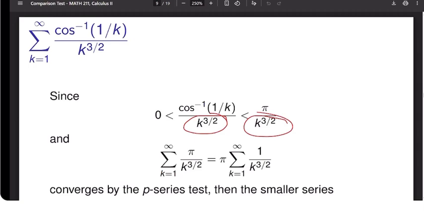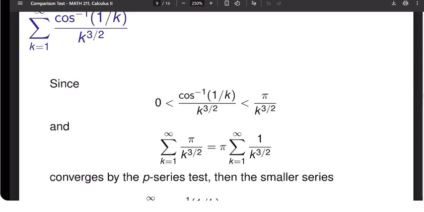Because this is a trig function, I can use pi. So pi divided by that, pi over k raised to power 3 over 2, is actually going to be greater than that. And that is what I'm actually going to work on.